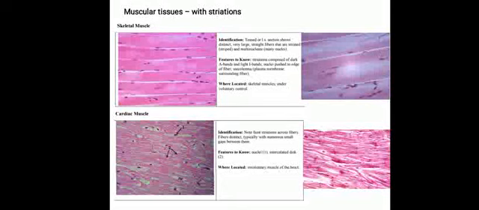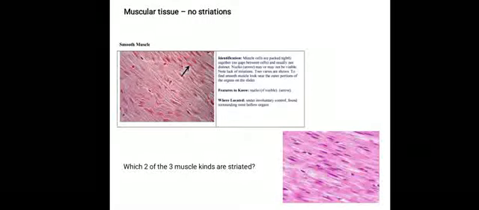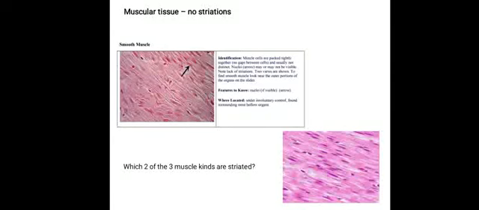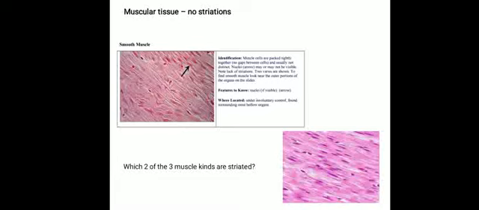The striation is not like that of the skeletal muscles, and the smooth muscles. So you can see now which two of the three muscle kinds are striated. Which two of the three muscle kinds are striated? Basically, you have two out of the three that are striated.